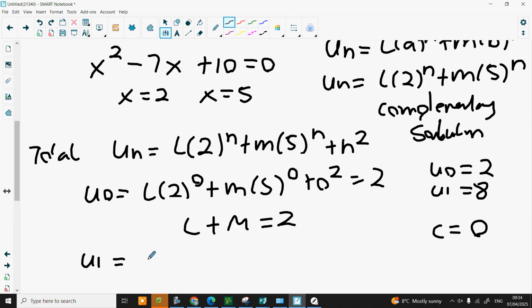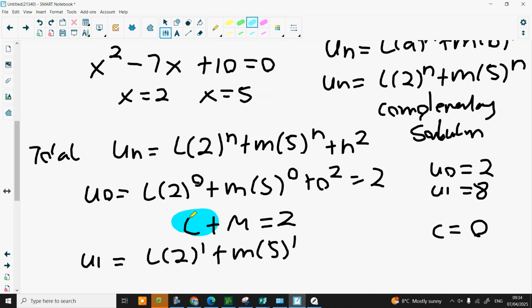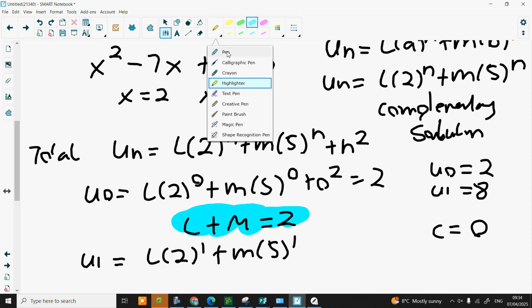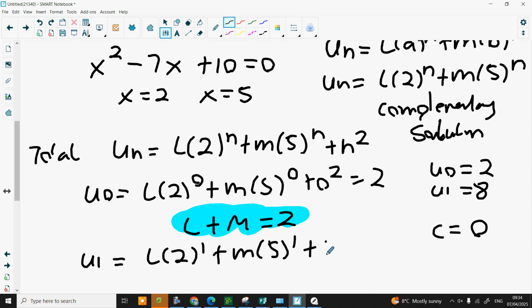Okay. Then we go for u1, which is L times 2 to the power of 1 plus M times 5 to the power of 1 plus 1 squared equals 8. 2L plus 5M equals 7.